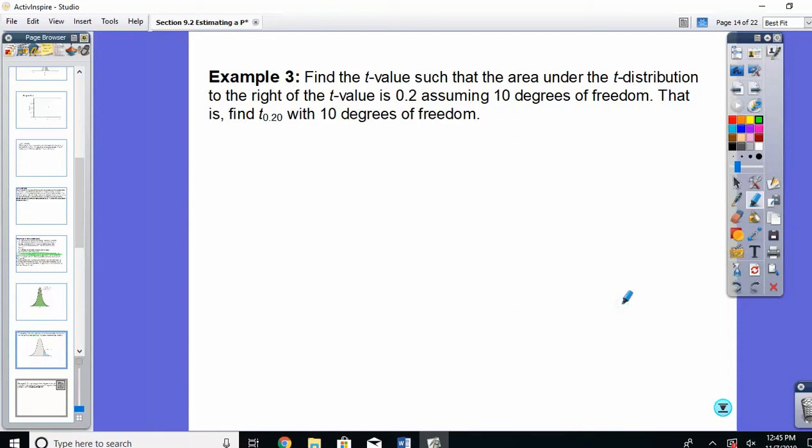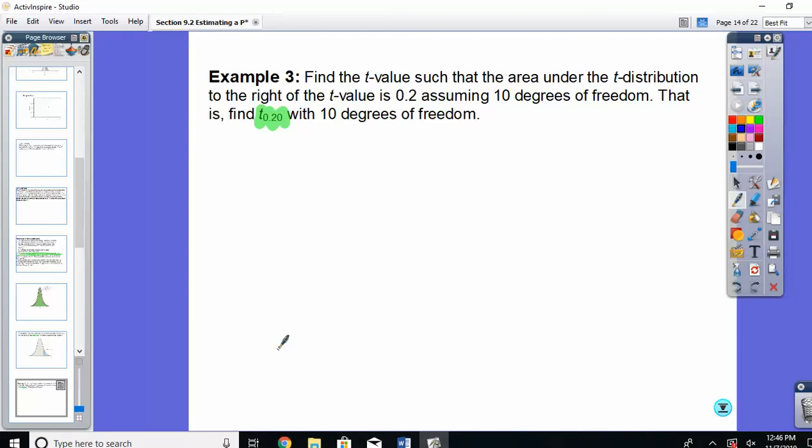So we're going to use our tables now. The T value such that the area under the T distribution to the right is 0.2, assuming 10 degrees of freedom. Or you might see me write it as T sub 0.2, 10 degrees of freedom. On the left-hand side of the table, it has your degrees of freedom, so we're going down to the 10. And at the top, it has your probability, the 0.2.